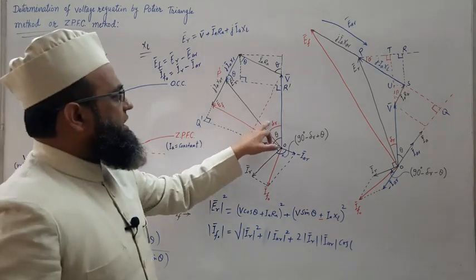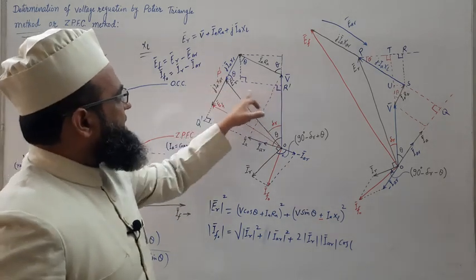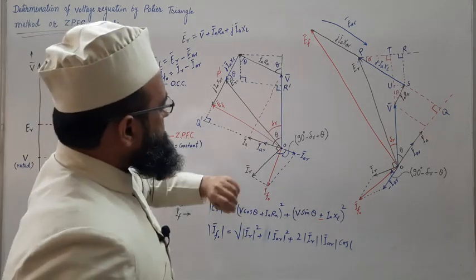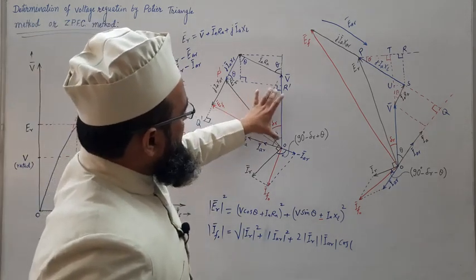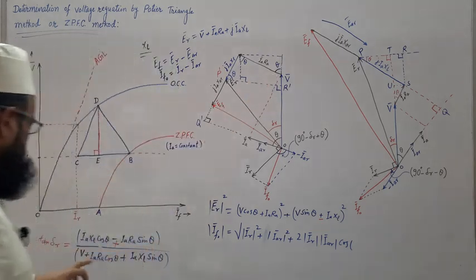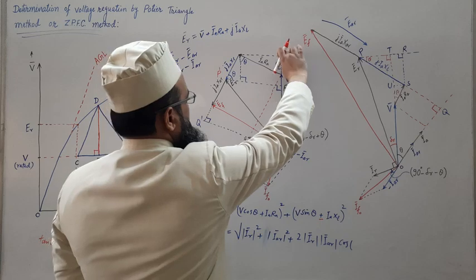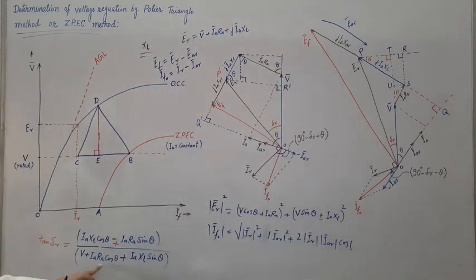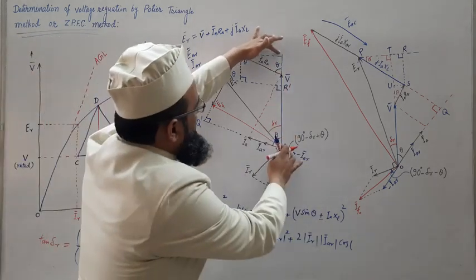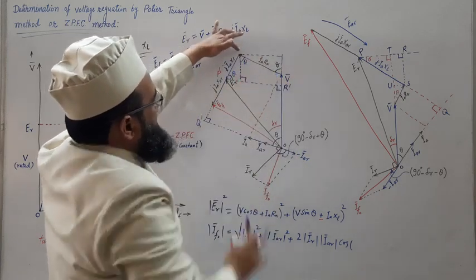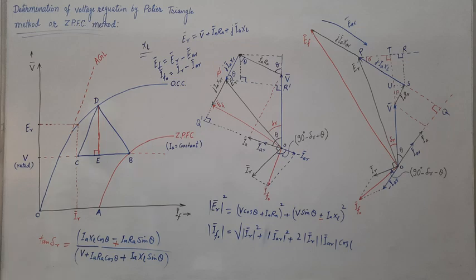So this tan delta R will be this P dash R dash upon OR dash, and we need to get OR dash. So first take V, this V, then again take IA RA cos theta, this one, the same IA RA cos theta we have taken, but we need this only, then we need to subtract this, and this is same as this, and this is IA XL sin theta.